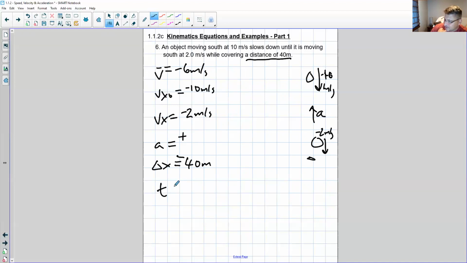I can use this to determine the time, and there are different approaches here that would be completely fine. But let's go ahead and calculate the acceleration. Now, how would you calculate the acceleration? This is a perfect time to break out the timeless equation.